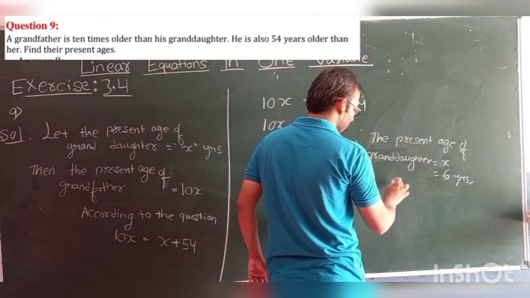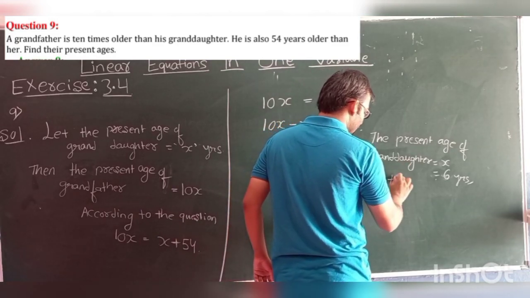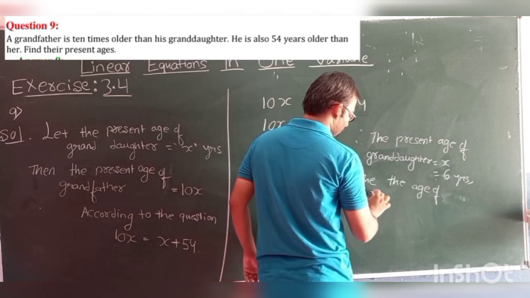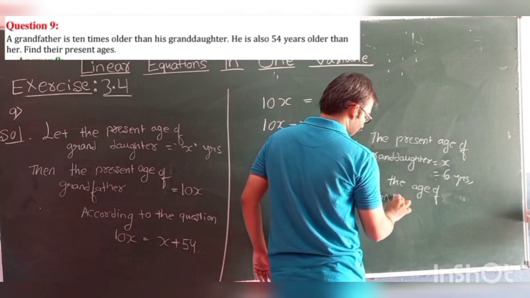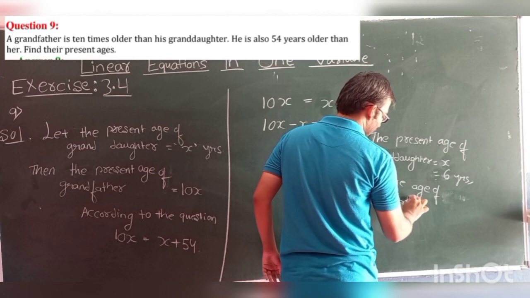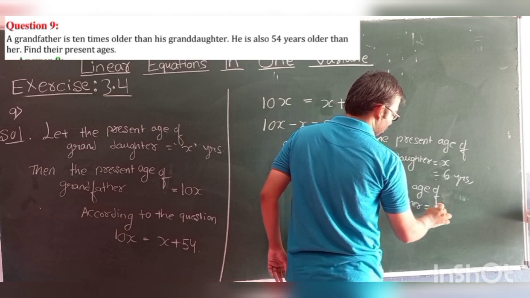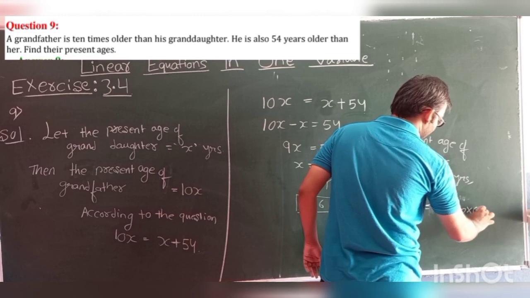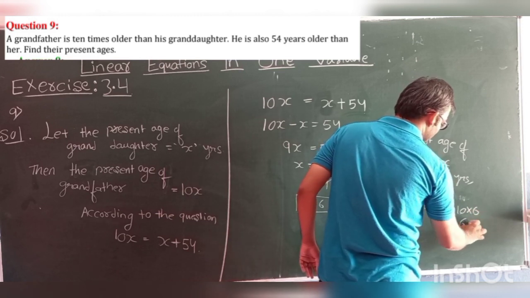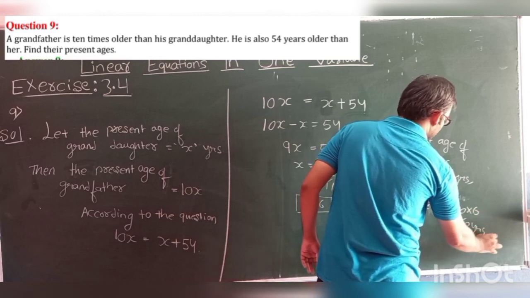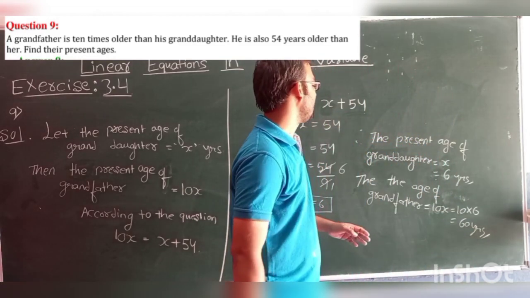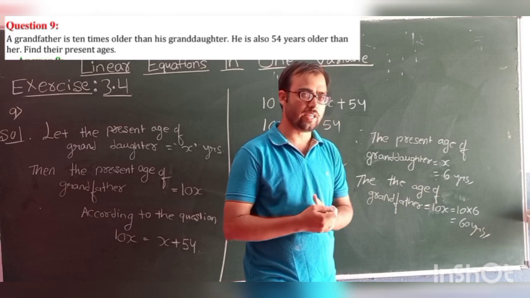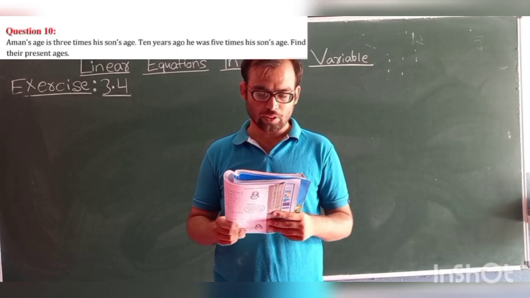Then the age of grandfather equals 10x equals 10 into 6, that is 6 tens are 60. So here, students, what have we got? We have got the age of granddaughter is 6 years and that of grandfather is what? 60 years.